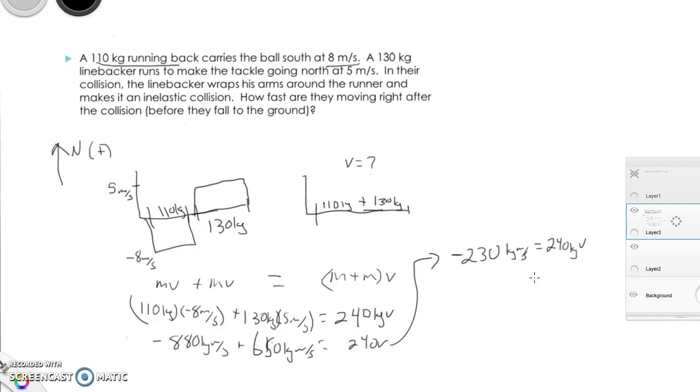The kilograms cancel, and we get that v is equal to negative 0.96 meters per second. That means that after the collision, they're moving south, because south is our negative direction. So 0.96 meters per second south.